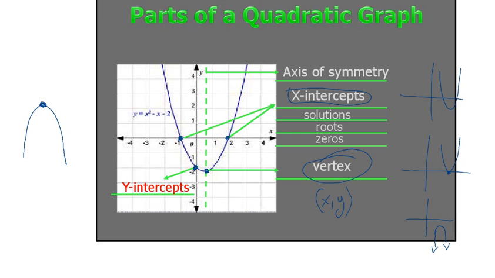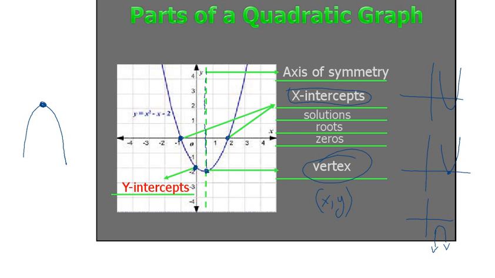What do you think the axis of symmetry is? It's the imaginary line that cuts your graph in half. You see that line that's going down here? That's called your axis of symmetry. So that's a line that cuts your graph in half symmetrically.